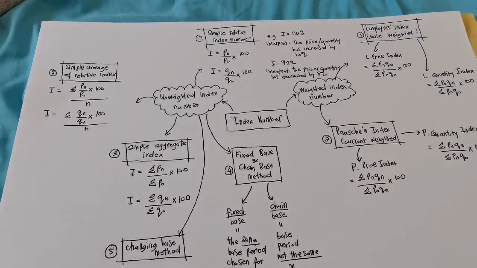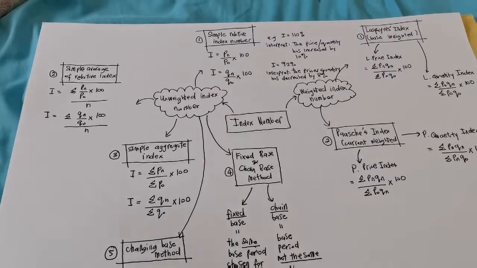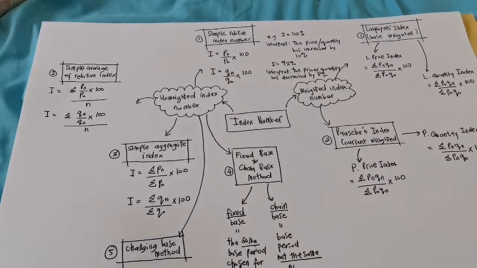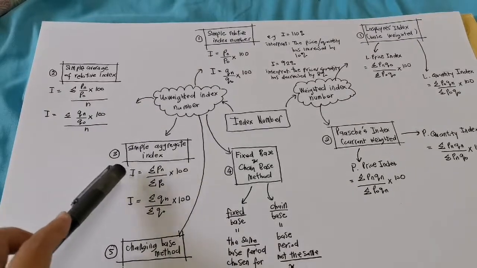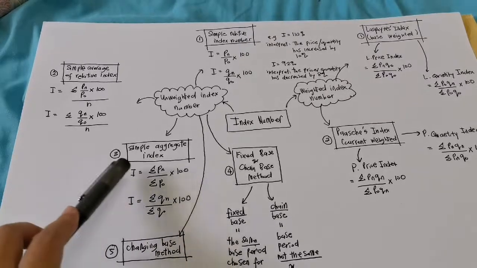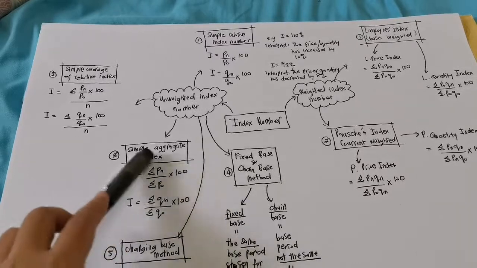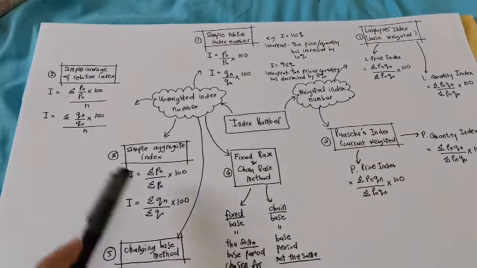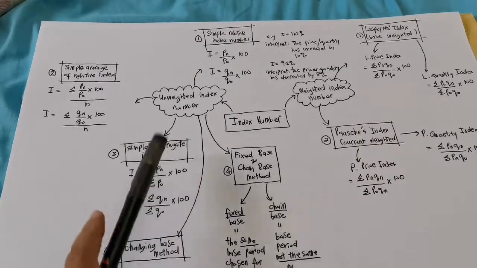That is what we call aggregate, meaning something that is cumulated. So when you sum up the price of current, sum up the price of base, then only you multiply by 100, this is what we call the simple aggregate index number. So that is the difference.